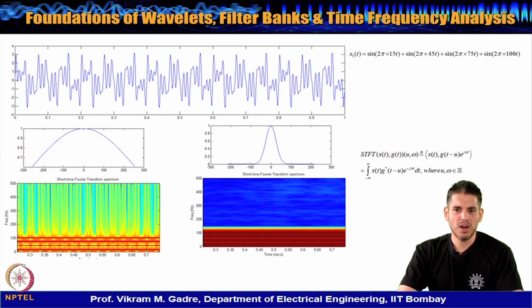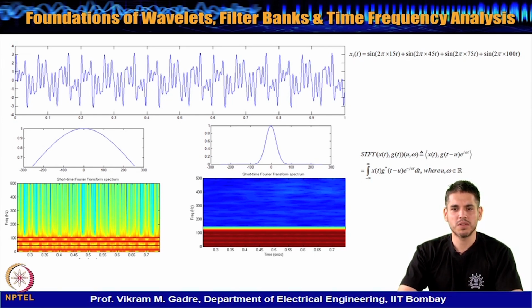Now if we look at the STFT analysis equation which was taught by sir in the class, we can easily see that in STFT analysis we first have to choose a window with respect to which we want to do the short time or windowed Fourier transform.